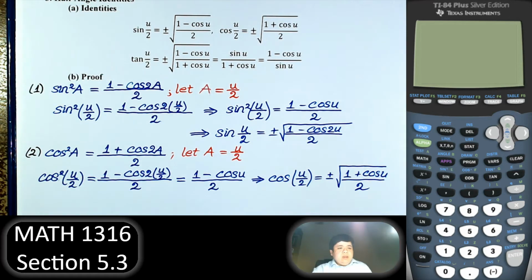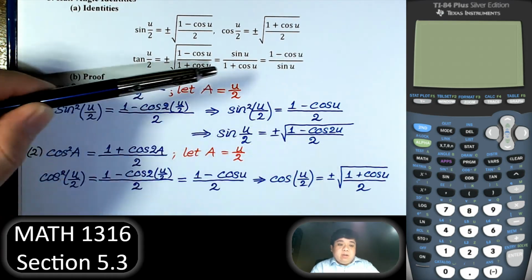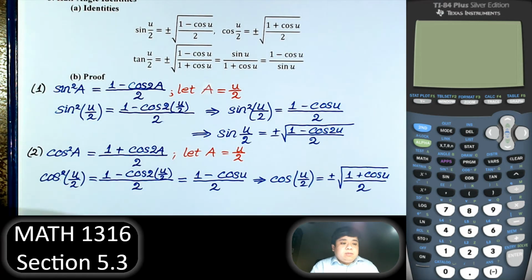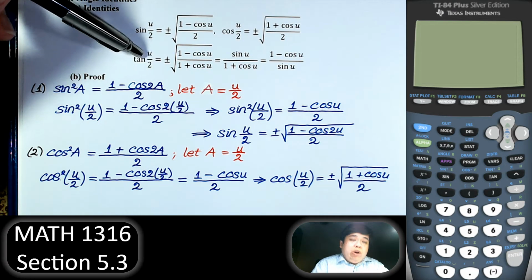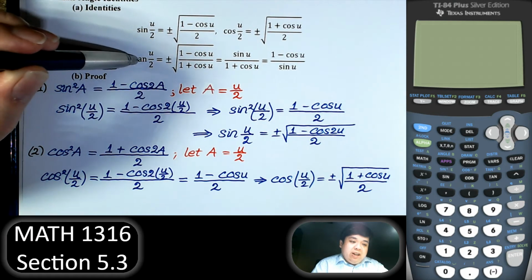Now, tangent is sine over cosine, so we can have that over that, of course. We'll get back and prove this later.